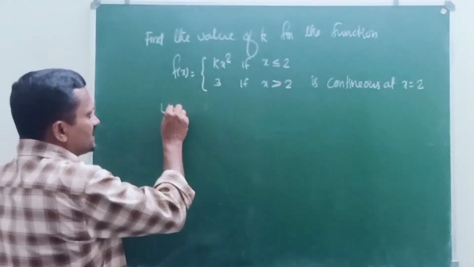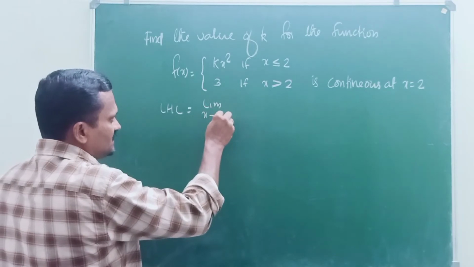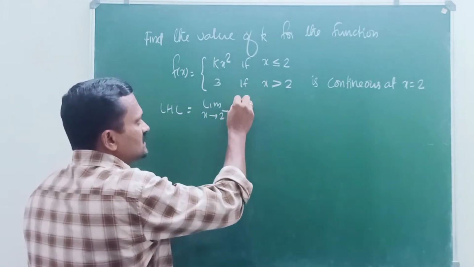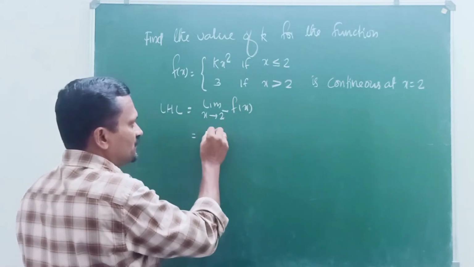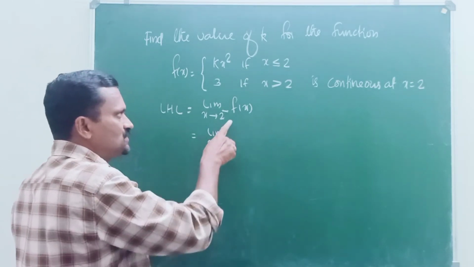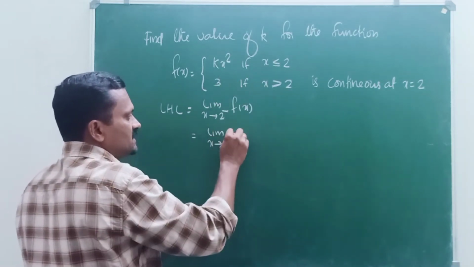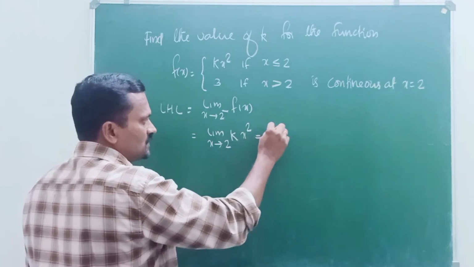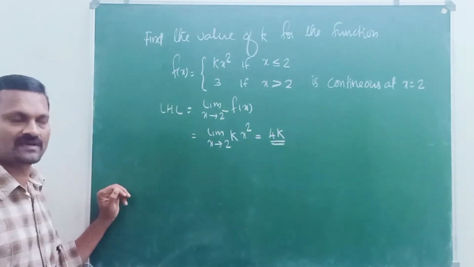So, what is LHL, the left hand limit? That is limit x tending to 2 through the left of f of x, that is limit x tends to 2 minus f of x. When x is less than 2, the function is kx square. Put x equal to 2, then it becomes 4k, since 2 square equal to 4.